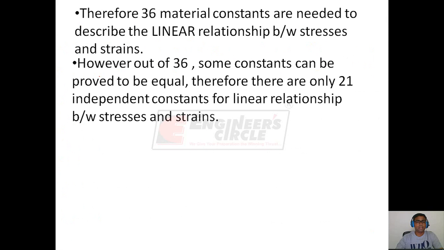However, out of 36, some constants can be proved to be equal. Therefore, there are only 21 independent constants for a linear relationship between stresses and strains. So, out of 36, if we know 21, then we can find the rest. So, there are only 21 independent constants.